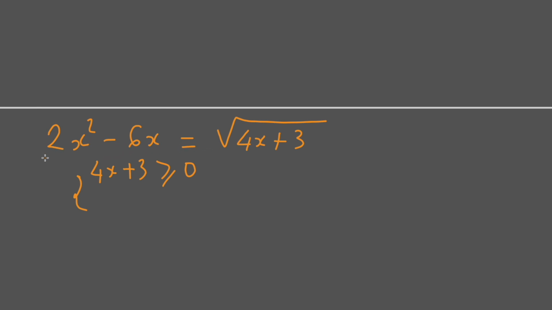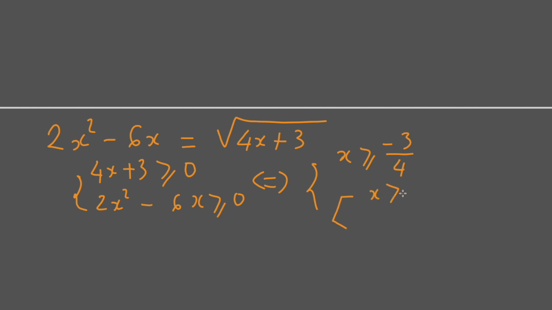And because the left side equals the right side, which is greater than or equal to 0, the left side also has to be greater than or equal to 0 as well. This way, we will have x greater than or equal to negative 3 over 4. And for the second, we have 2x(x minus 3) greater than or equal to 0, so x is greater than or equal to 3 or x is smaller than or equal to 0.